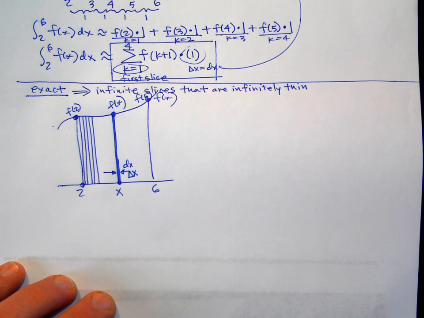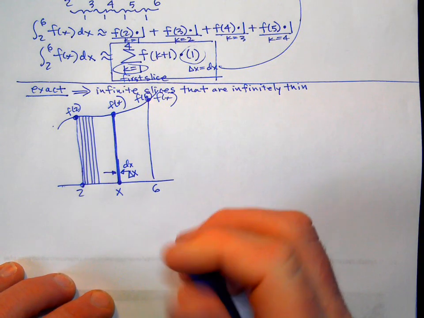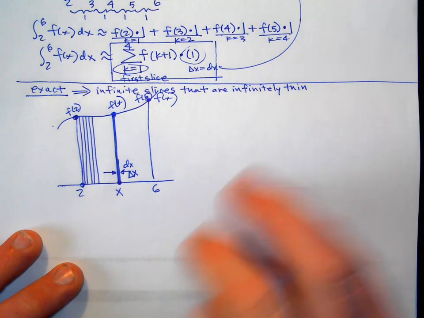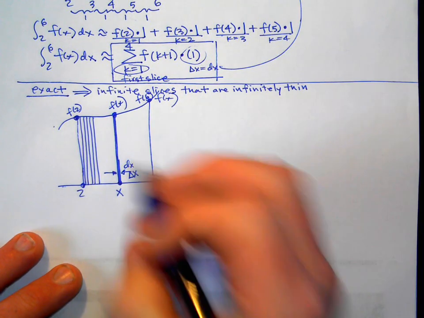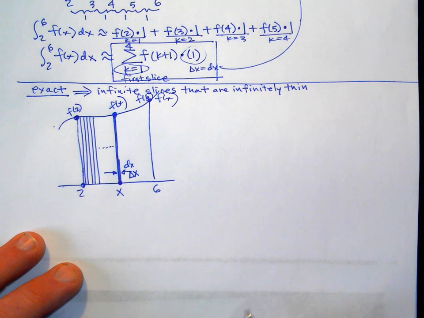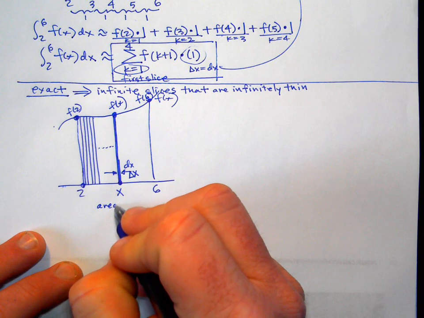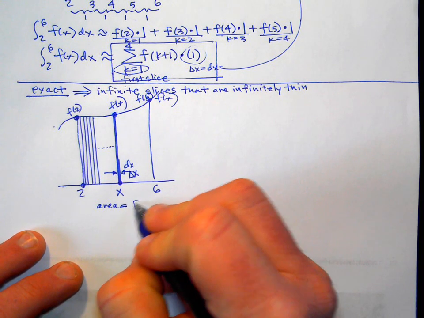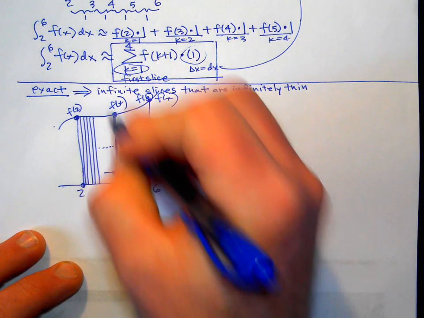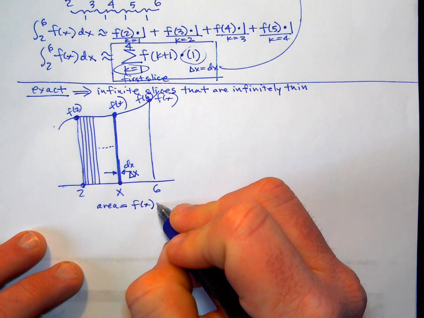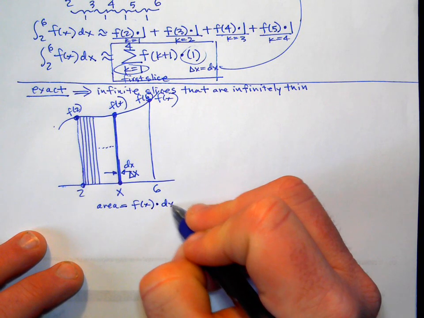Now, here's the area of this kind of general slice. There's going to be a bunch of slices, right? The area of that slice equals the height of the slice, f of x, times the thickness of the slice, dx, or delta x.